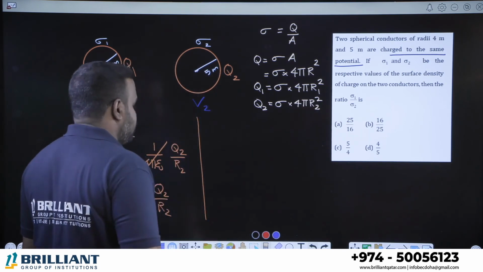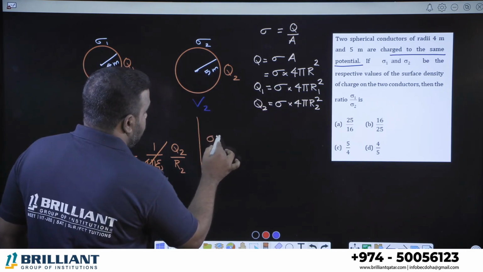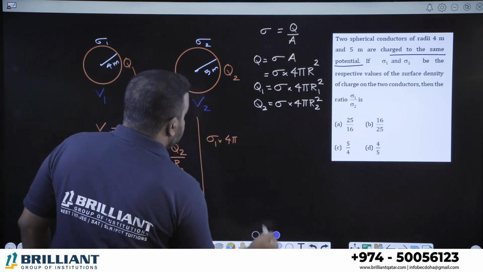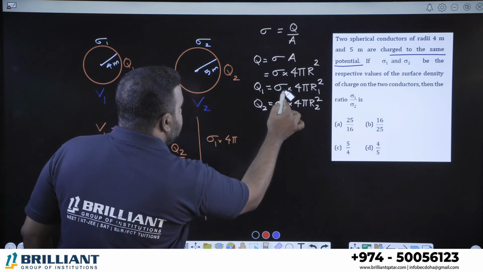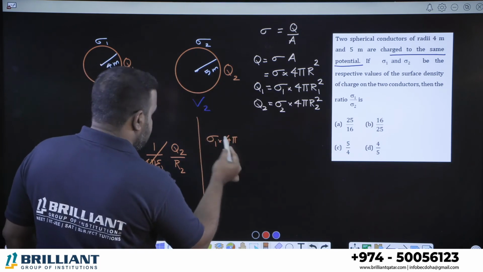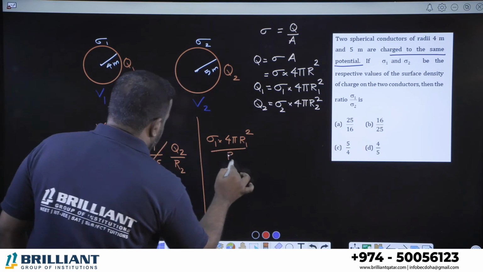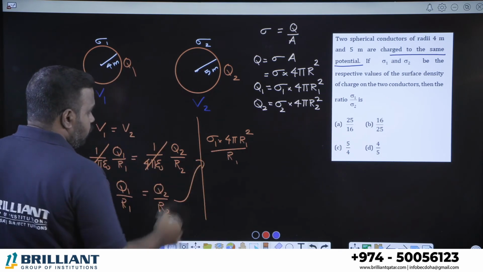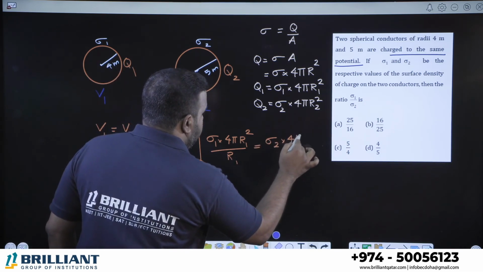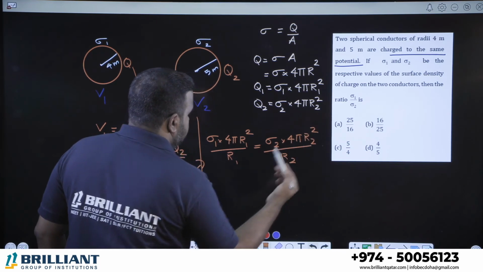Now we can substitute that in this result. That means we got Q1 by r1. One second. Q1 will be sigma 1 into 4 pi r1 square. Q2 will be sigma 2 into 4 pi r2 square, right? So here we get sigma 1 into 4 pi r1 square divided by r1, which is equal to Q2, sigma 2 into 4 pi r2 square divided by r2.